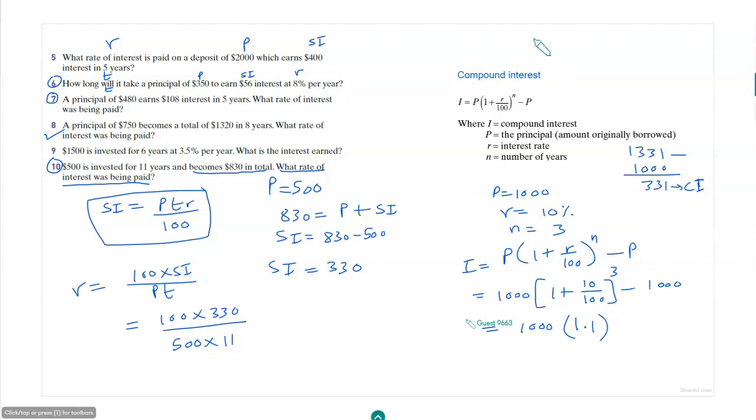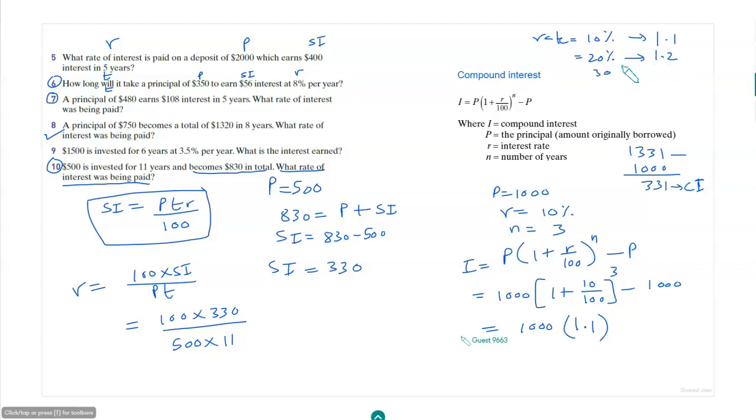See, if the rate is 10%, then it becomes 1.1, right? If the rate is 20%, it becomes 1 plus 20 by 100, which is 1.2.